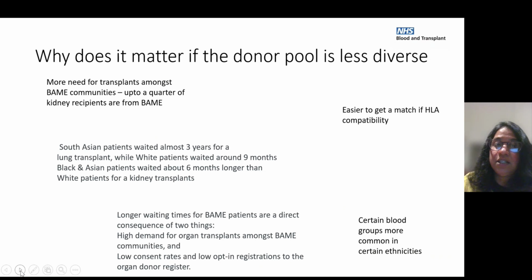If you look at the kidney transplant waiting list, or if you look at the kidney recipients, then up to a quarter of them are from the BAME communities, because diseases like hypertension and diabetes are more common amongst South Asian and Afro-Caribbean populations. We know that it's easier to get a match if there is HLA compatibility. We also know that certain blood groups are more common in certain ethnicities, and your best match actually comes from someone who shares your ancestry.